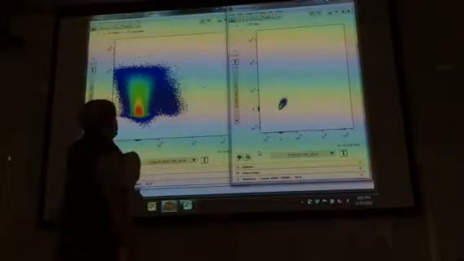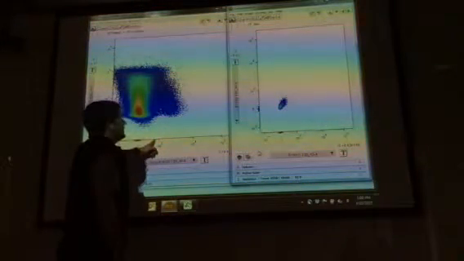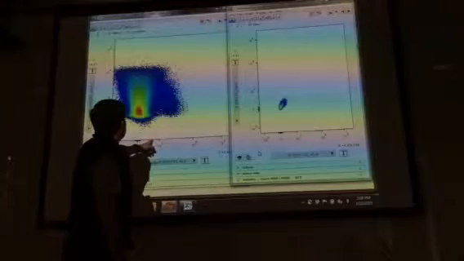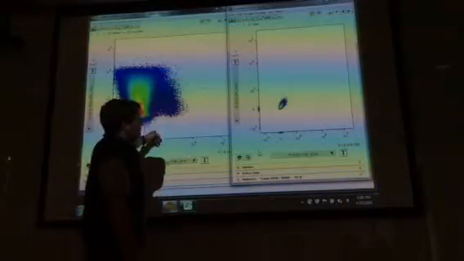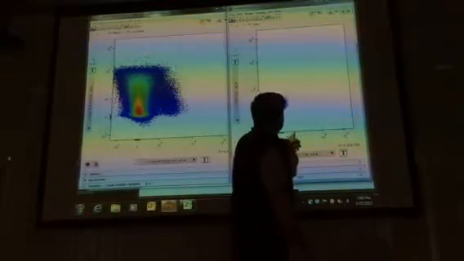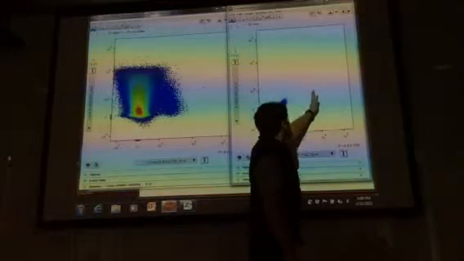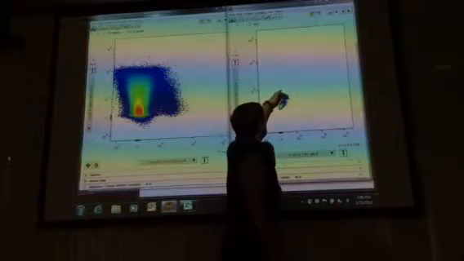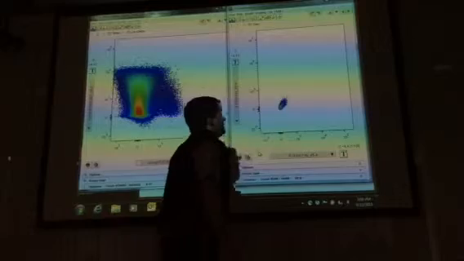Simply based upon those unstained controls, you would say that, okay, yes, anything from about here over is positive, and anything from here above it is positive, below it is negative.